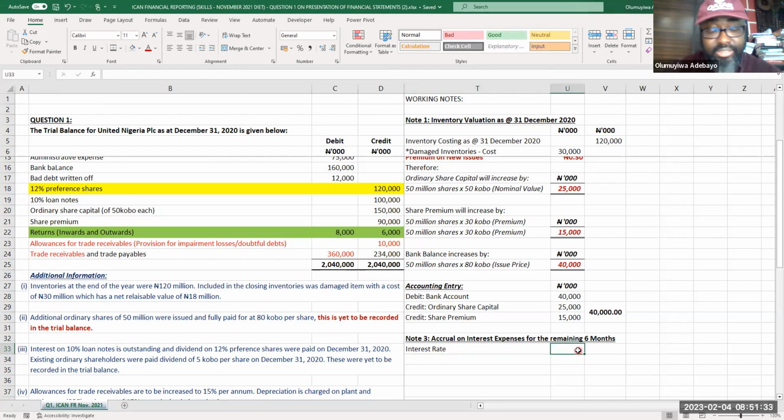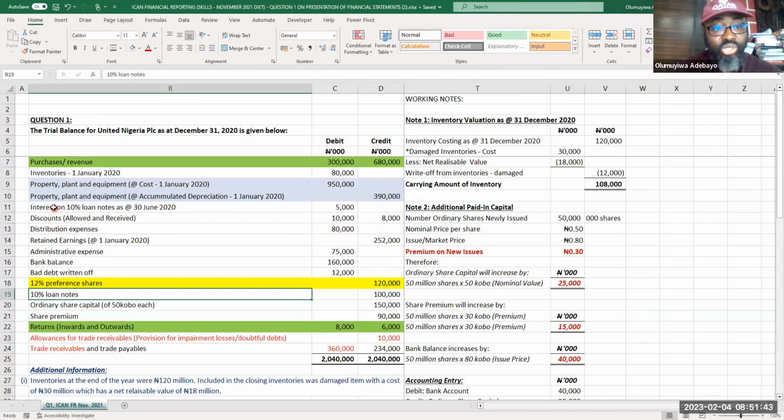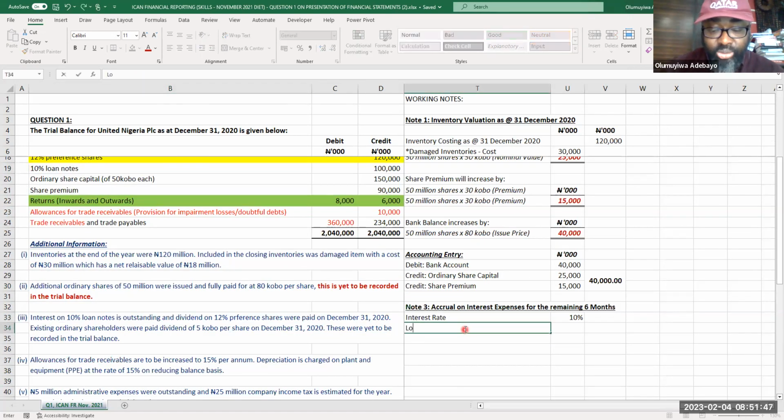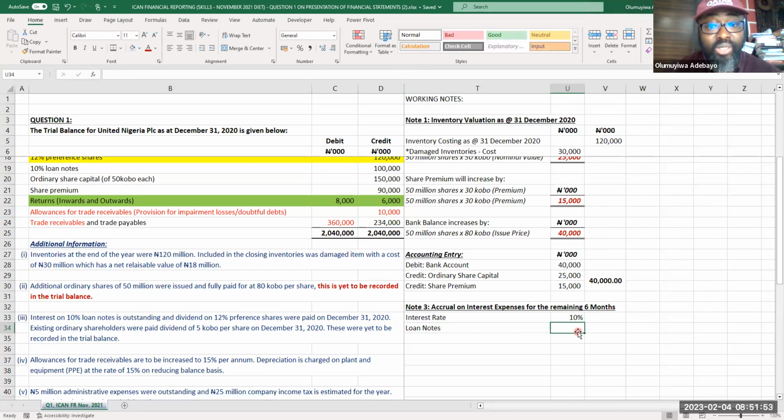The interest rate is 10%. Is it 10%? Yeah, 10%. How do I know? The loan carries 10% here, also corroborated here at 10%. What is the loan note? The amount of the loan note is 100,000.